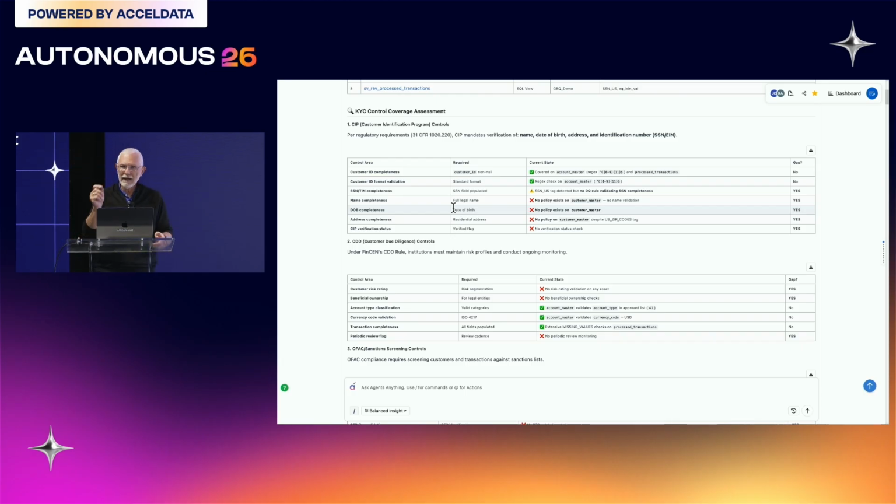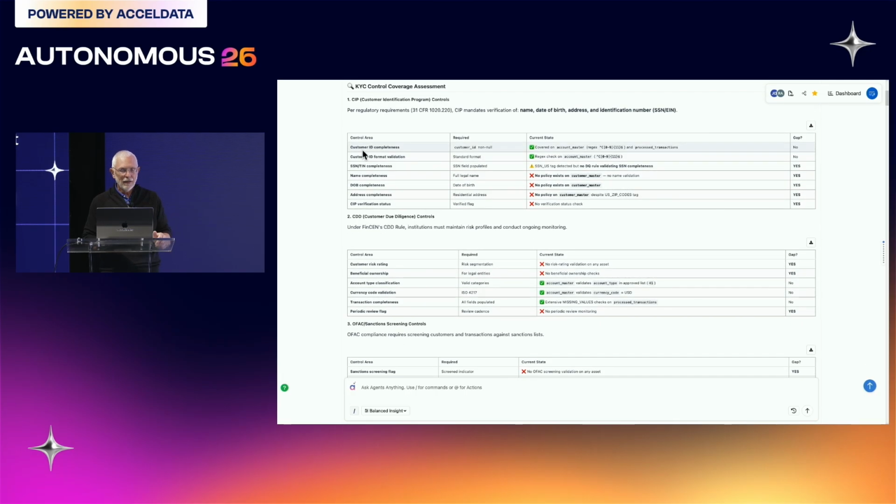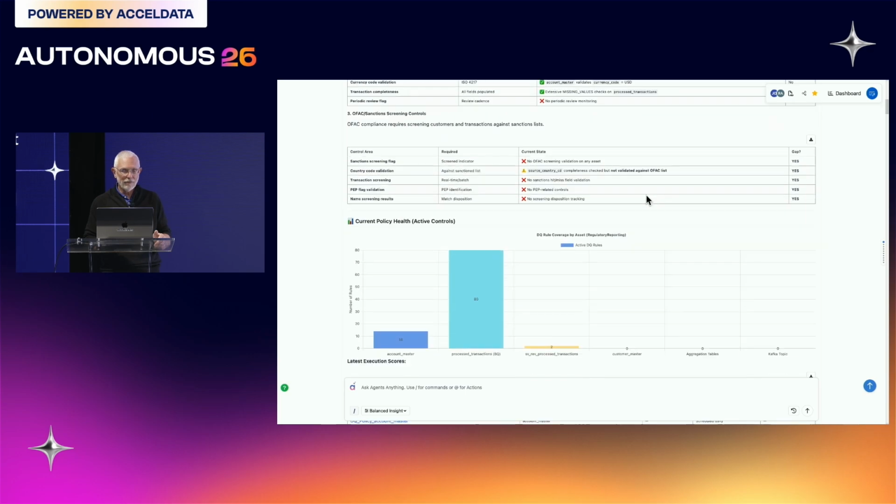And for those of you here last year when we looked at ADM, we had a real data engineering perspective, right? A great thing about agentic systems is they morph to the persona of the user. So now, as a business owner, a risk manager, an expert in KYC, it's morphing using my language, right? So it's telling me exactly the areas where I have controls and where I don't, where I have gaps, right?